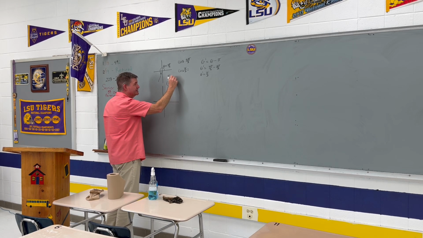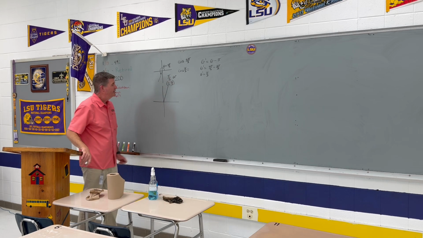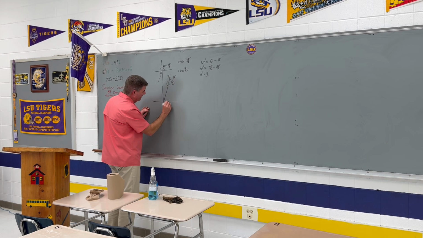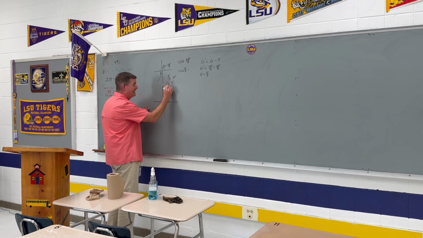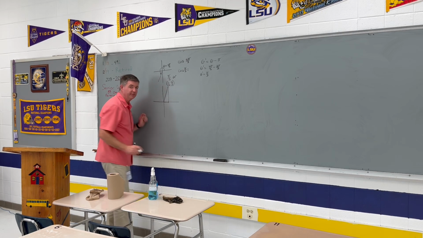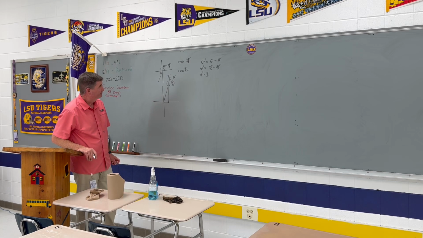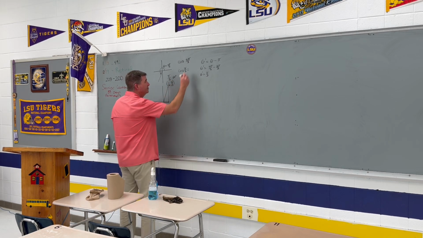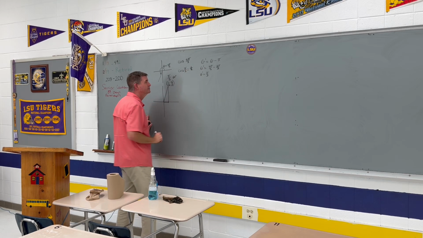Pi over 3, or 60 degrees, is 1/2, square root of 3 over 2. Why? Because the x value is smaller than the y value, and 1/2 is a smaller number than square root of 3 over 2. So the cosine of that is going to be 1/2.